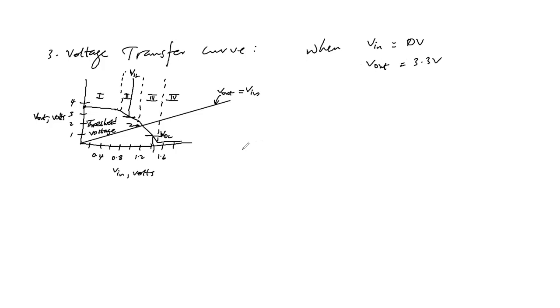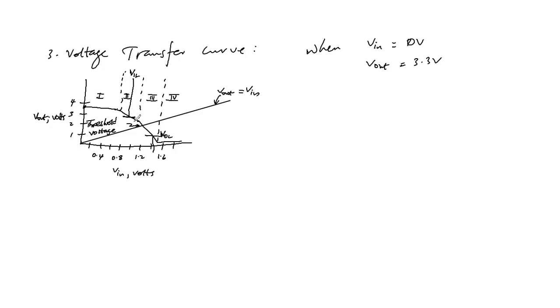As the input voltage is increased from 0 to 0.7 volts, the output voltage remains relatively constant. This is region 1. Now beyond 0.7 volts to about 1.2 volts, the output decreases more gradually with increasing input voltage in region 2.